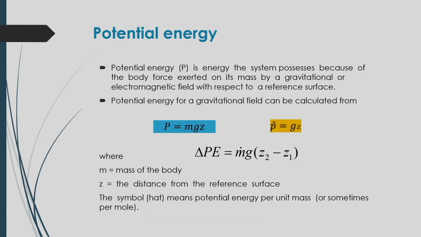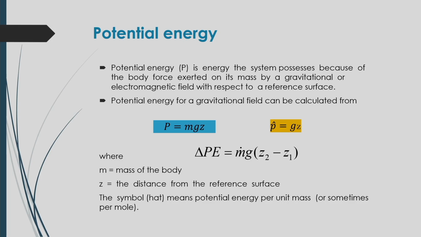Now what is potential energy? The potential energy is the energy that the system possesses because of the body force exerted on its mass by a gravitational or some other force field, with respect to a reference surface.